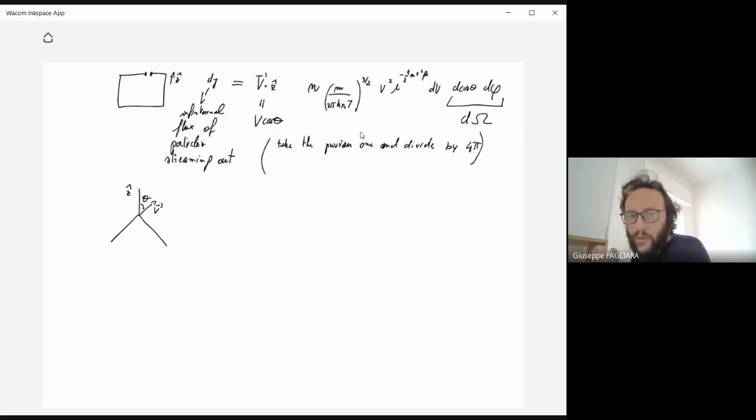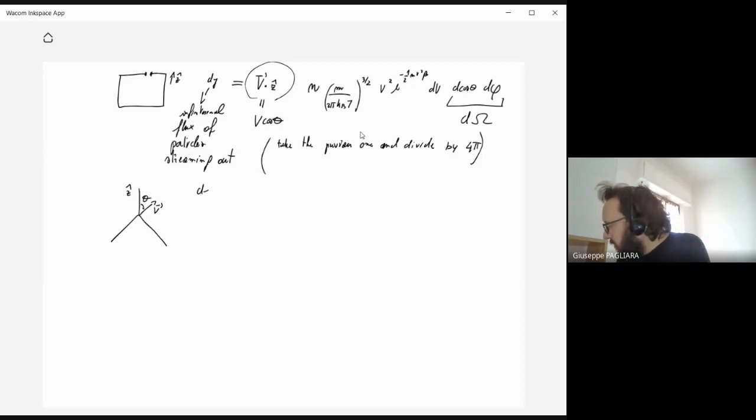We have to be careful now when we integrate, because we have to take just the particles that have the right sign of the velocity, the component of the velocity along the z-axis. That's why we are introducing this v scalar z.